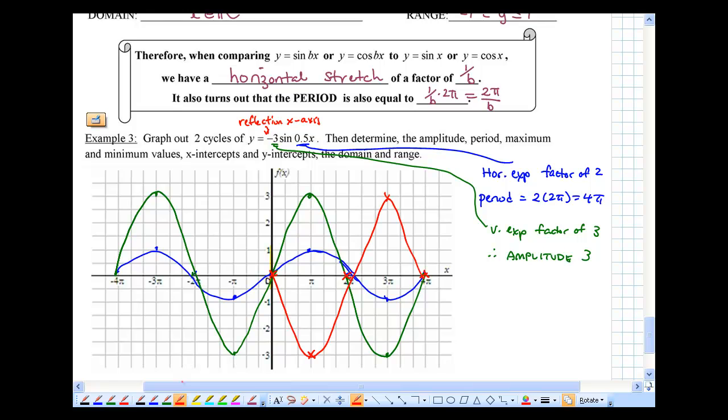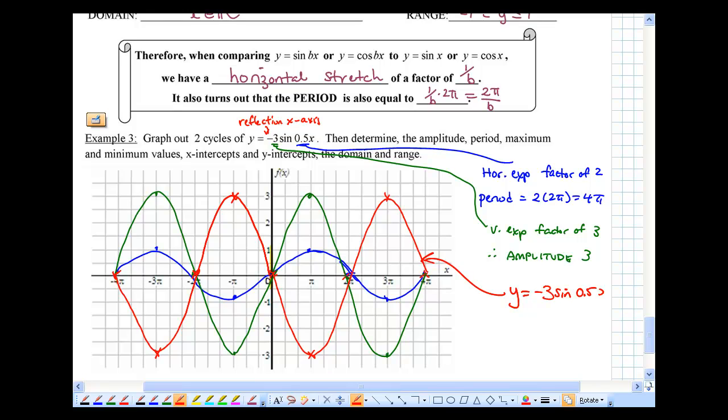Ooh. Oops, that's not very good. Make it more curvy, Mr. Lee. Oh, yeah. Curvy, curvy, curvy. Alright. So the red graph is my final answer, y equals negative 3 sine 0.5x.